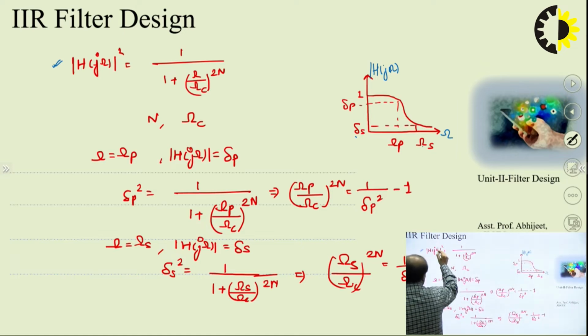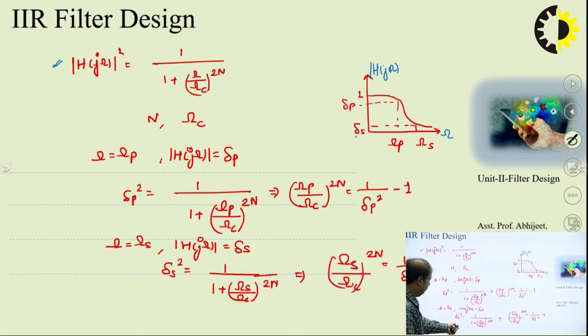So I can use that in the expression. In place of mod H of j omega square, I can write del p square, and substitute omega replaced by omega p. If I go on and solve, I can have the values for omega c and n.